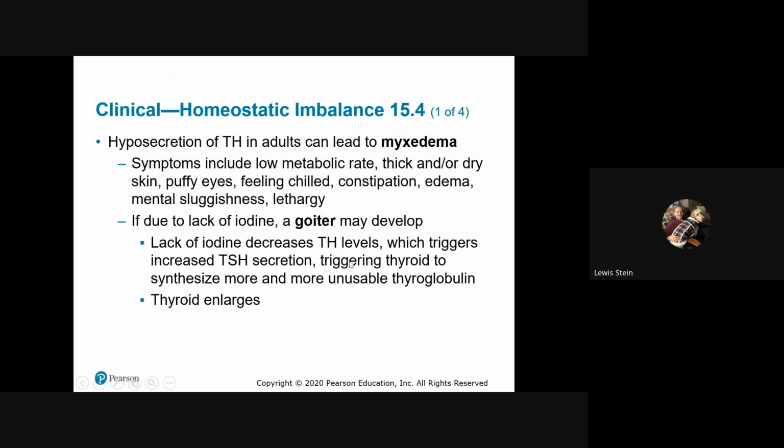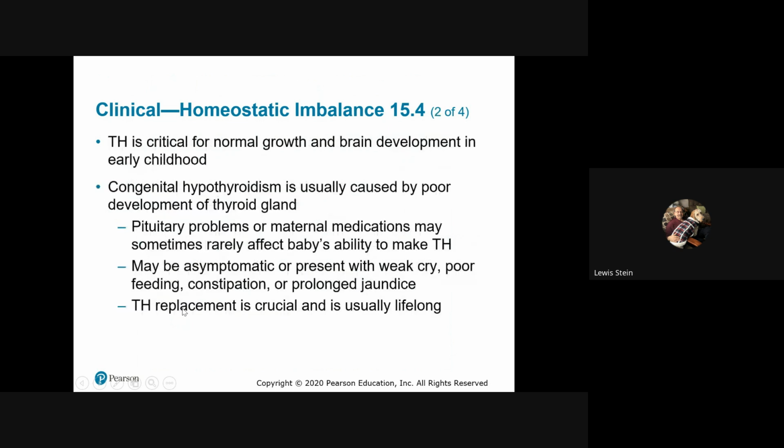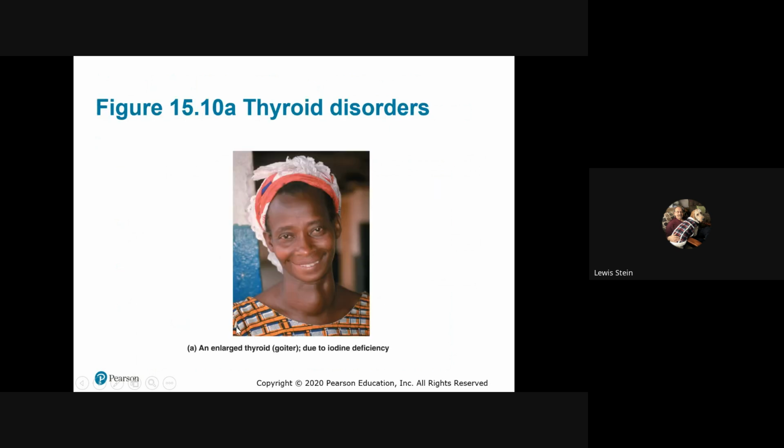The lack of iodine, you can see, is sort of that pathway. The thyroid enlarges, critical for all of these things. The congenital aspect, medication induced, other problems you can see here. Very important to replace. That's a goiter, not a tumor.